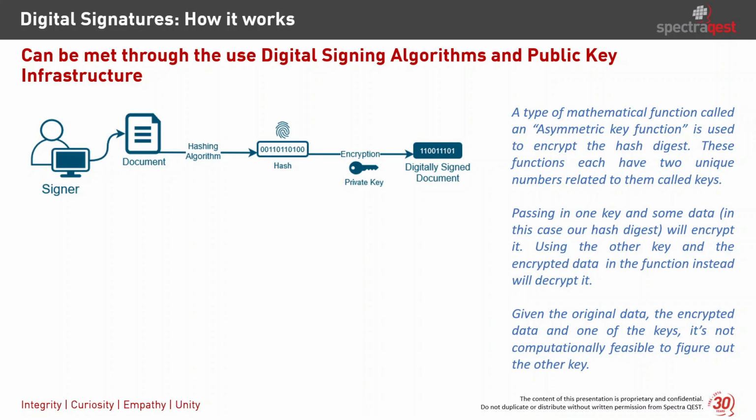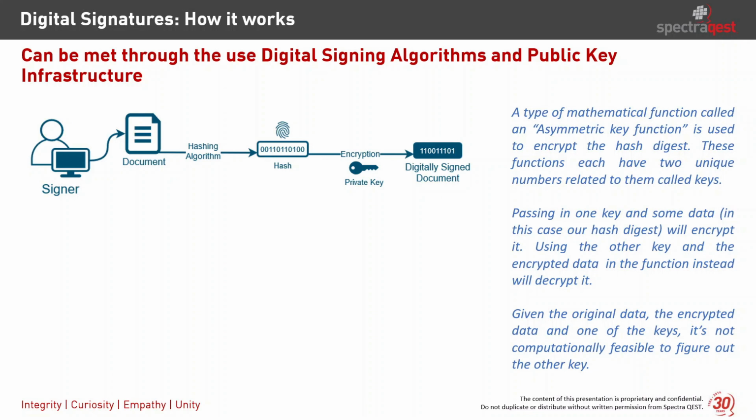And when I say we encrypt it using a private key, there are a set of mathematical functions called asymmetric key functions. At a high level, these functions have special properties, among which they have two numbers, where if you pass data and one of these numbers through the function, you get a garbled output at the end.